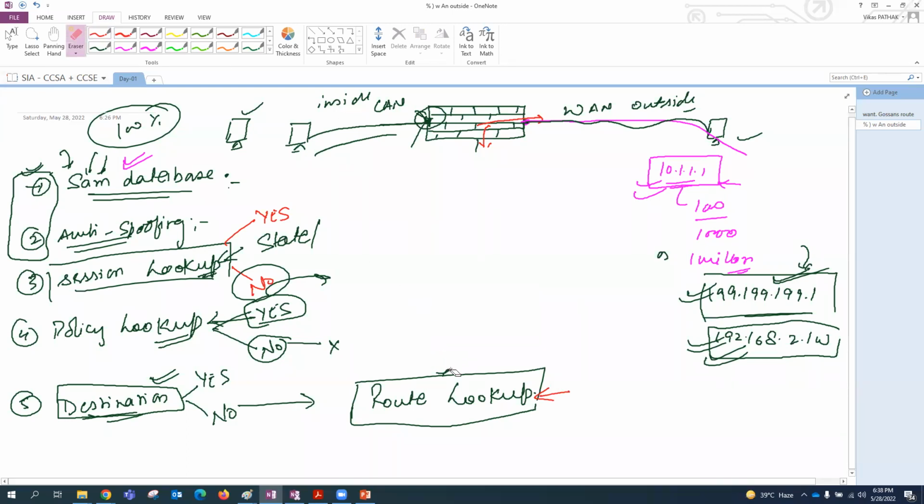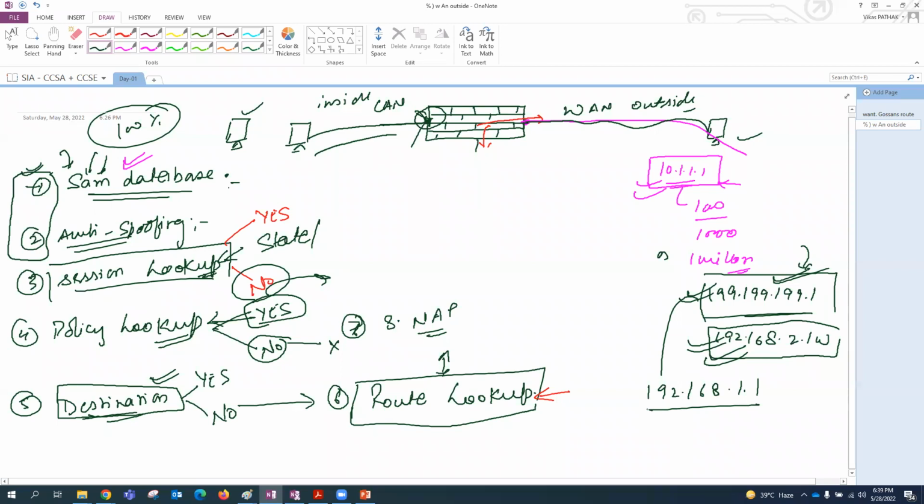All right, and after the route lookup, the next step, this was step number 6, and the 7th will be source NAT, because now the traffic will be leaving the firewall in the next 2-3 steps. So source NAT will be performed, and the firewall will check, do I have any policy where this particular source, the source was 192.168.1.1, let's suppose.